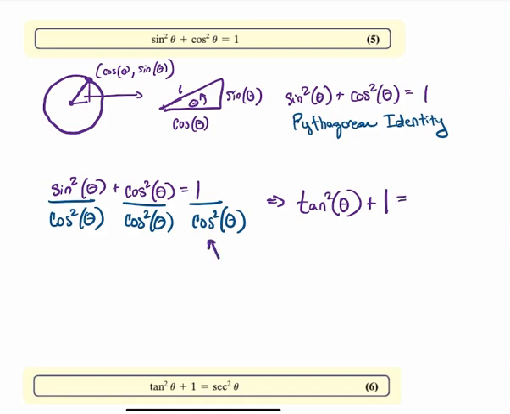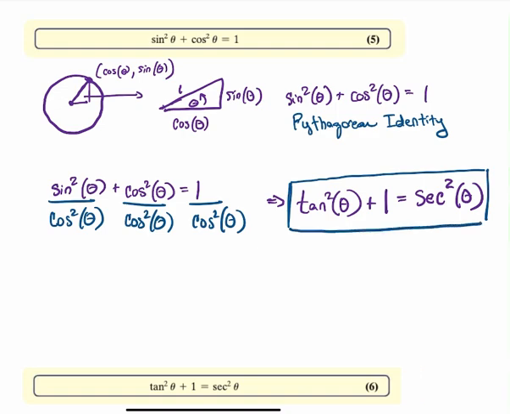And then 1 over the cosine was the secant, so 1 over cosine squared is the secant squared. So we get another identity that relates the tangent and the secant. We can say tangent squared plus 1 equals secant squared.